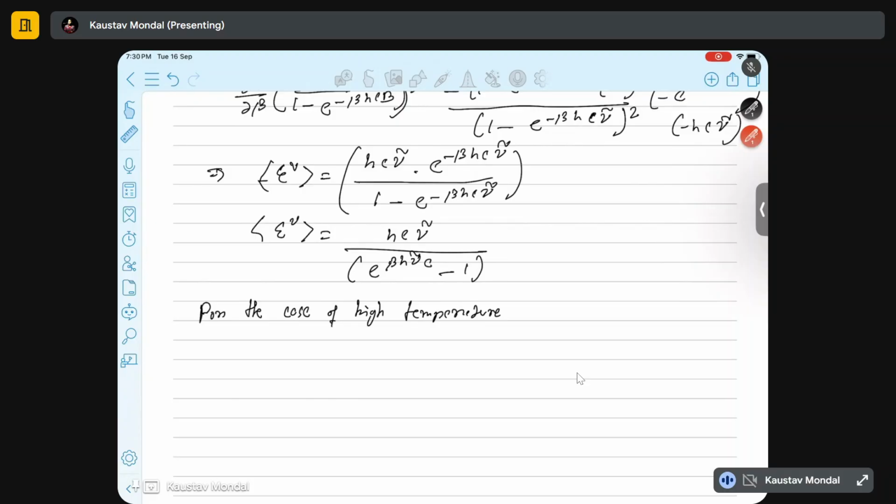High temperature means what do I mean? kBT temperature is higher than, or you can take the rotation, the reference, the T is much more higher than the theta V. So theta V is nothing but HC.